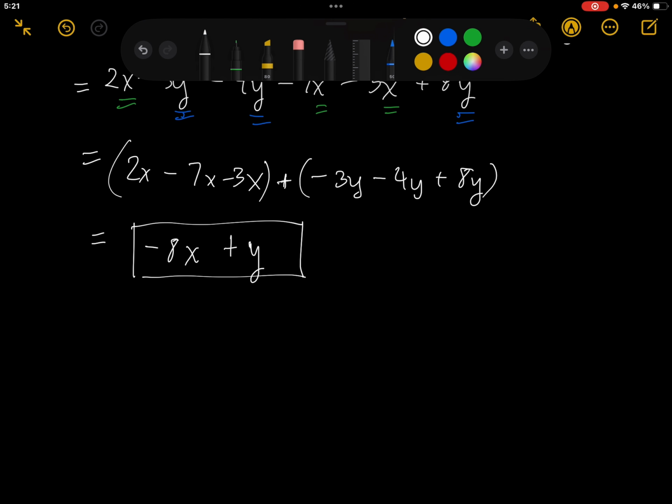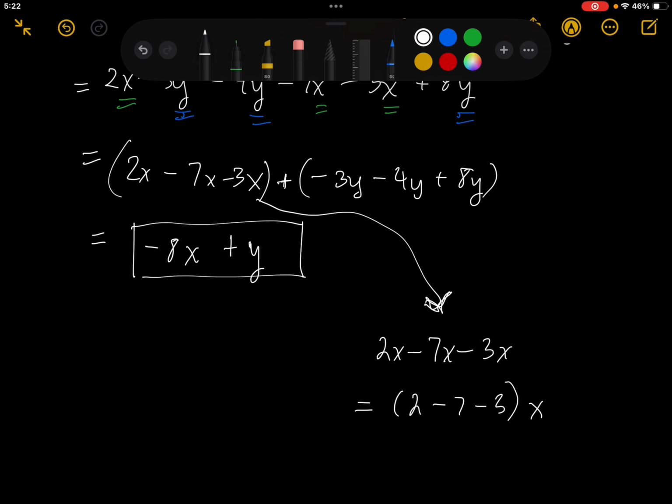Let's just maybe remind ourselves of how that works. So when I have something like 2x minus 7x minus 3x, the step I'm sort of skipping is I'm using the distributive property to write it as 2 minus 7 minus 3 in parentheses times x. That's from the distributive property.